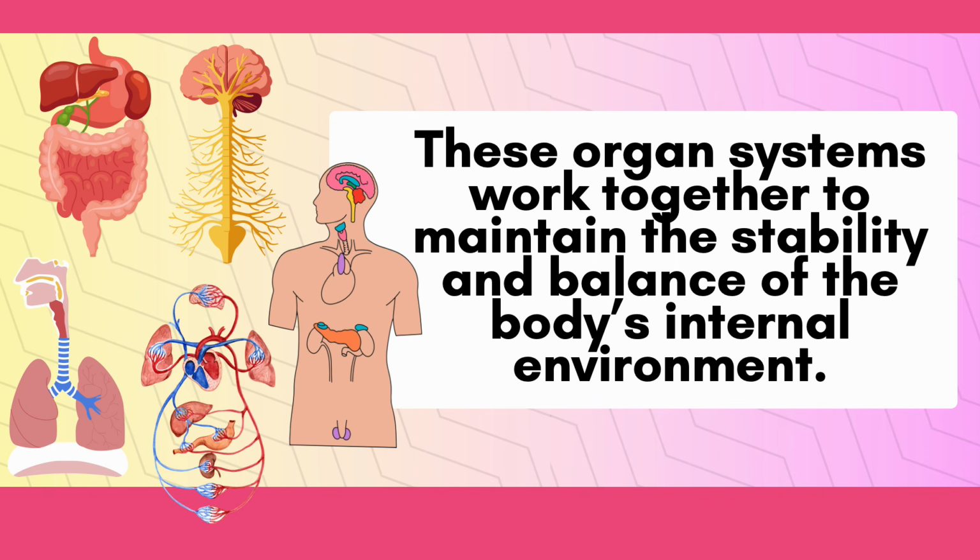The digestive, respiratory, cardiovascular, endocrine, nervous, and other body systems contribute to keeping the body's internal environment stable and balanced. Think about this. What might happen if one system could no longer help maintain that balance? This idea leads us directly to homeostasis.